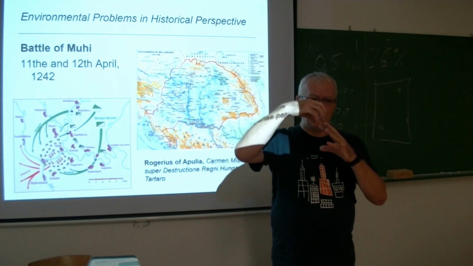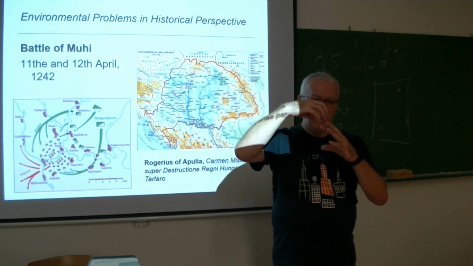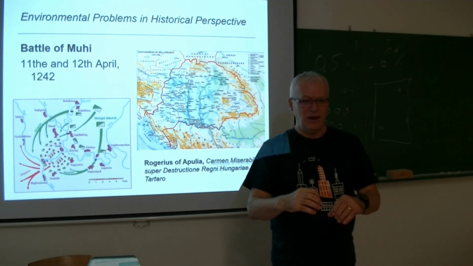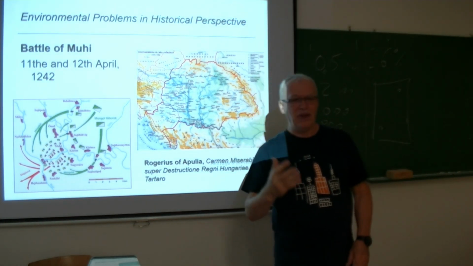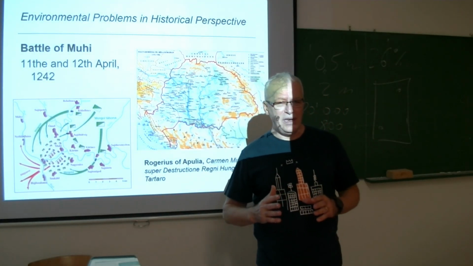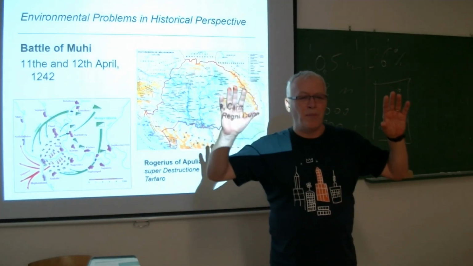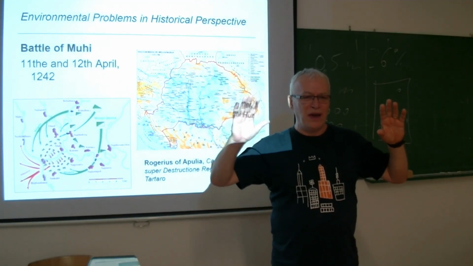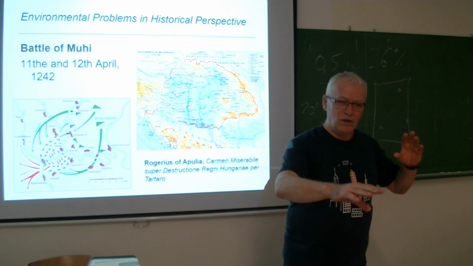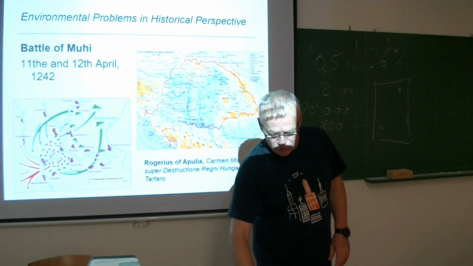There is a closing stone. If you take out the closing stone, the roof comes down. A little bit the same is the position of the king. If the king is killed or something happens, a lot of candidates appear who would like to be king, and the country slides down into civil war.